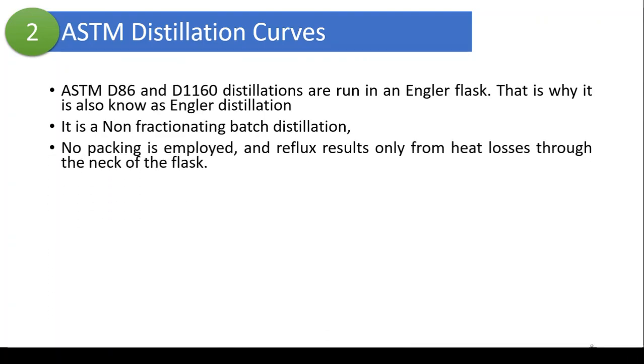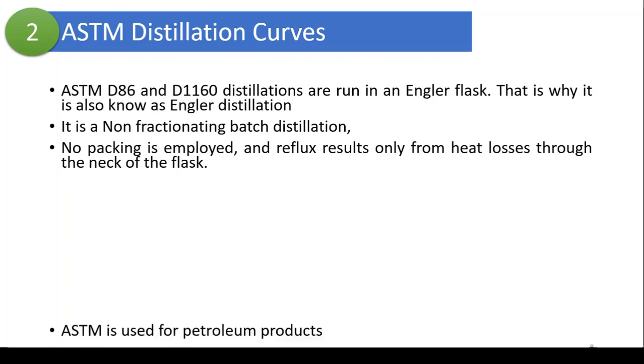So in this one, no packings are there and there is no reflux, but a very small reflux because of the heat losses through the neck of the flask. We all know about it, because we have carried out this experiment in our lab.